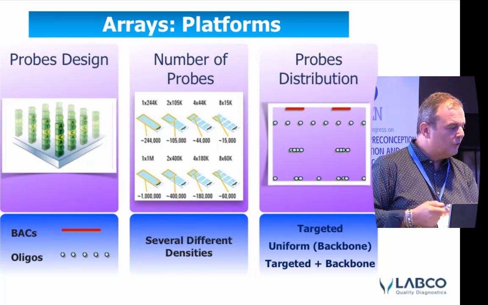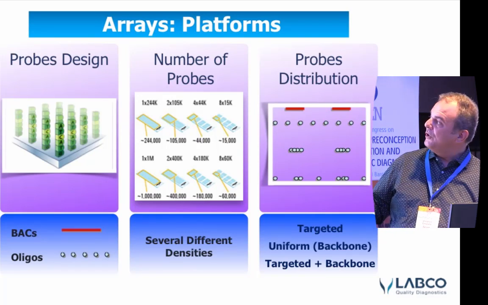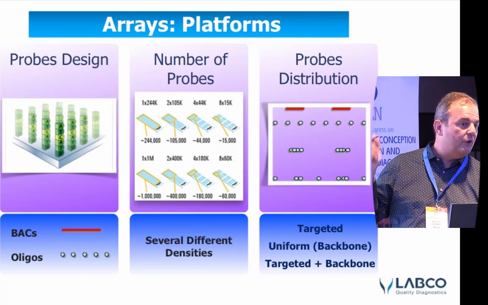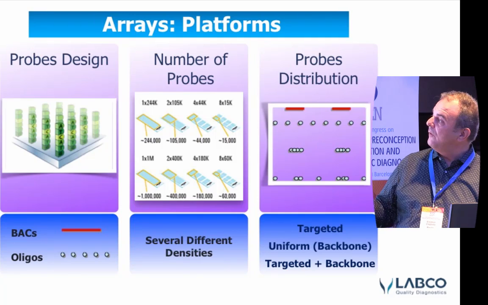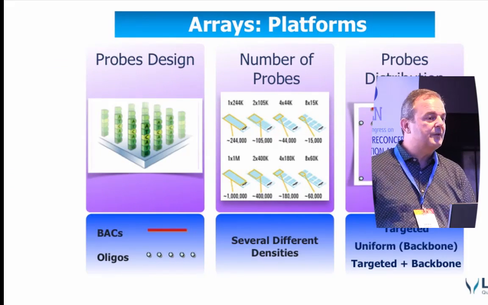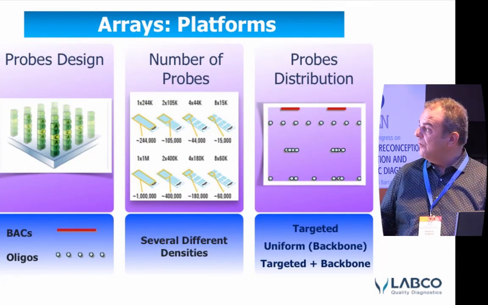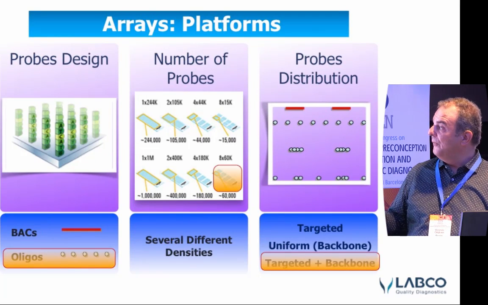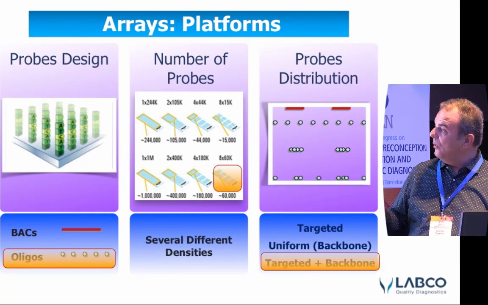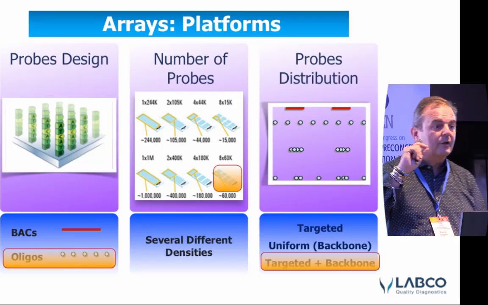And then the distribution. You can have probes which are equally sparse throughout the genome, arrays which have probes only in chromosome-specific regions, and arrays which are mixed, using both. So a backbone, what we called, and then a higher density in a specific region.